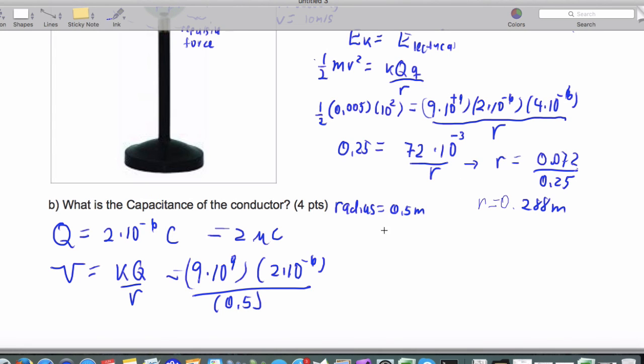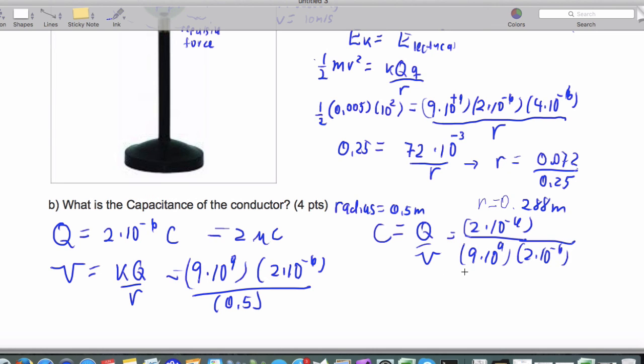So the capacitance ends up being Q over V. That's going to be 2 times 10 to the negative 6th divided by 9 times 10 to the 9th, 2 times 10 to the negative 6th. Now that little 0.5 on the bottom actually comes up top. This is how fractions work with division, so don't forget that fact.